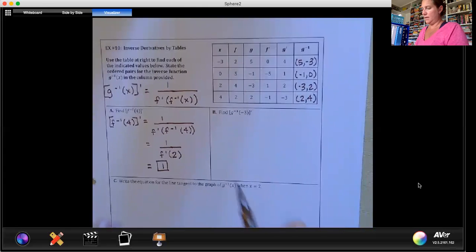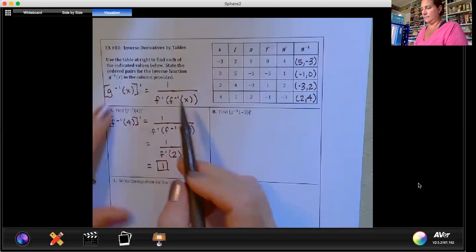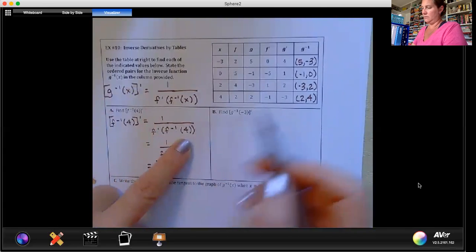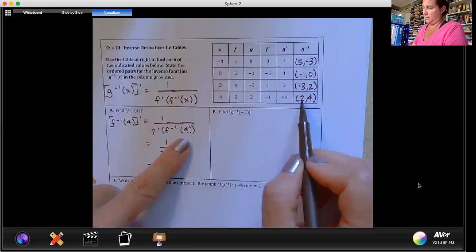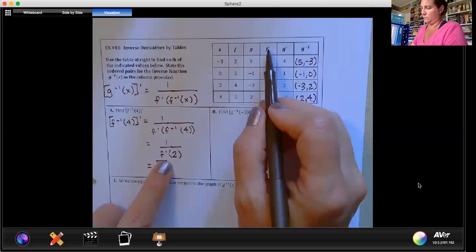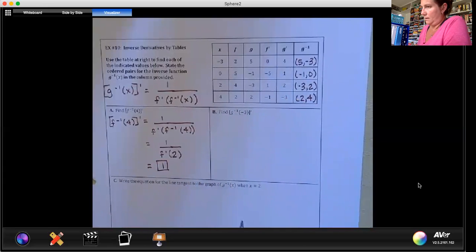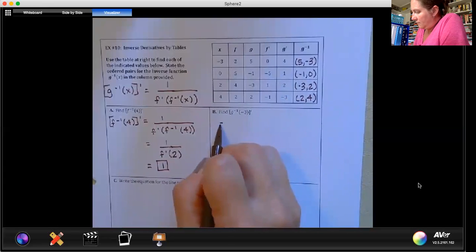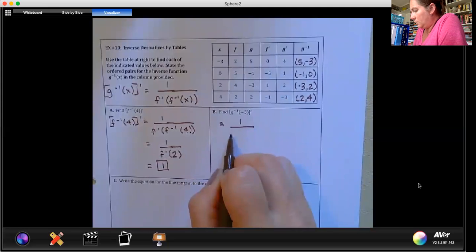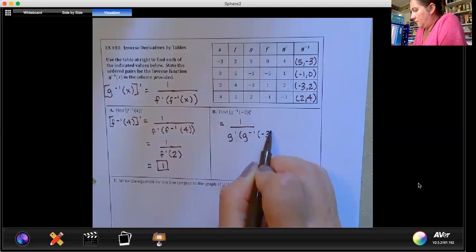So I'll walk you through that one again. The inverse of G prime deals with F prime. So F prime of F inverse of 4 is 2. F prime of 2 is 1. All right, part B, the derivative of the inverse of G at -3, 1 over G prime of the inverse of G of -3.